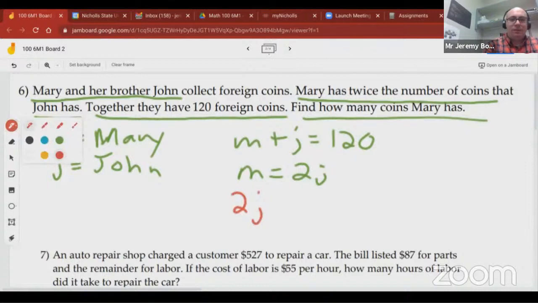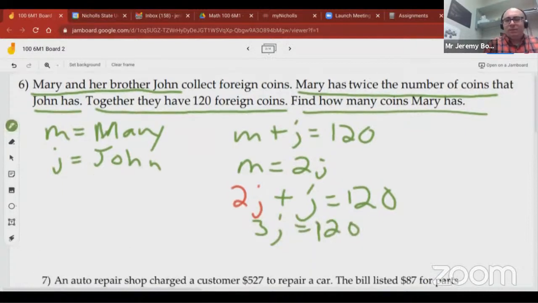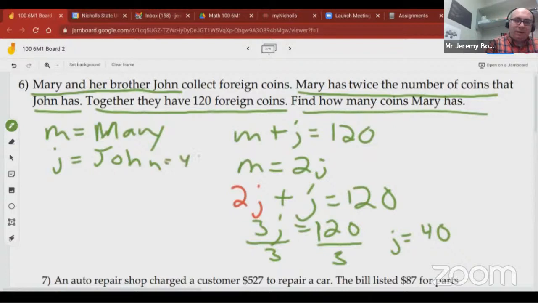And so we'll have 2J plus J is equal to 120, which is going to yield 3J is equal to 120. If we divide by 3, we'll get that J is equal to 40. So we know that John has 40 coins.